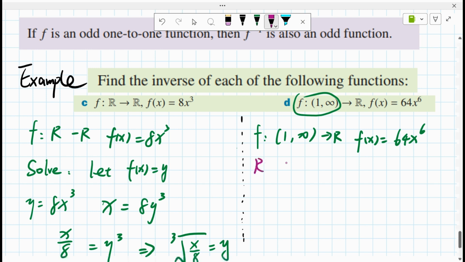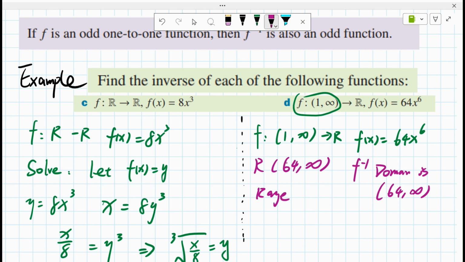So the range will be 64 to positive infinity. Therefore, the domain of f to the -1 is 64 to infinity, and your range will be 1 to infinity. Does that make sense? So you swap them. Yeah.